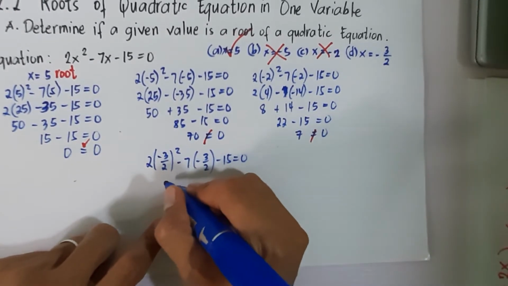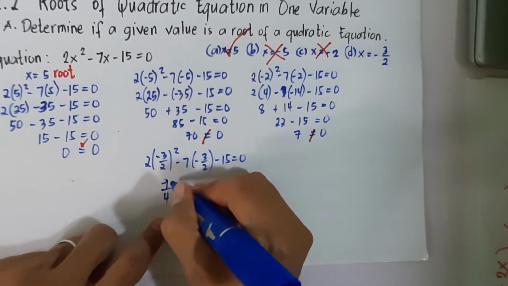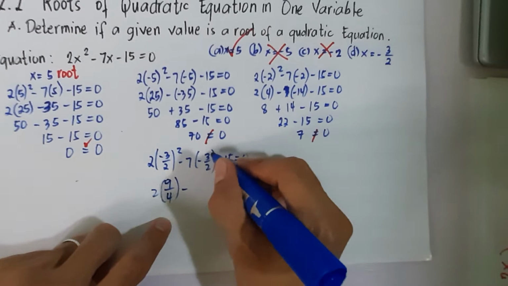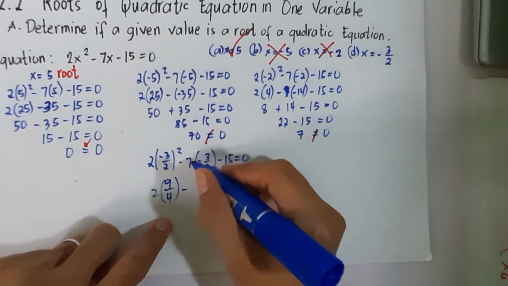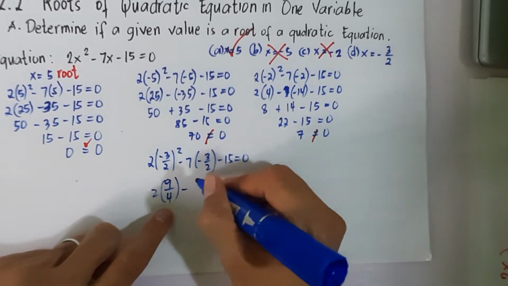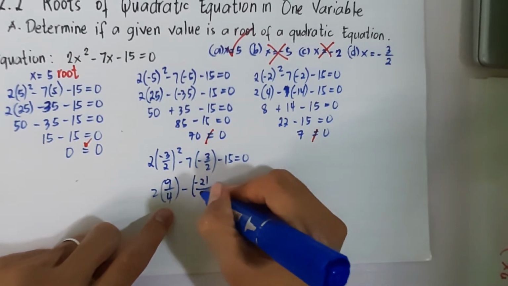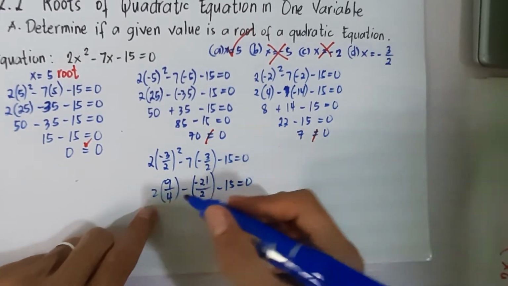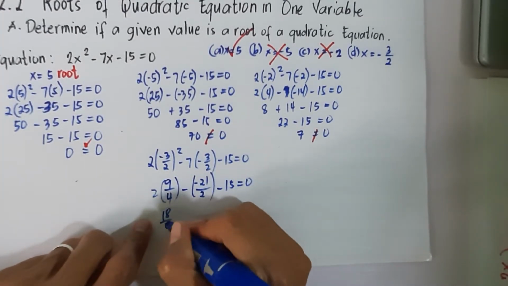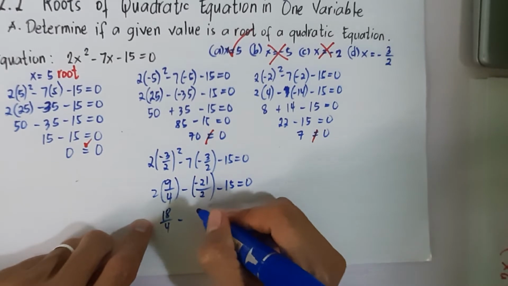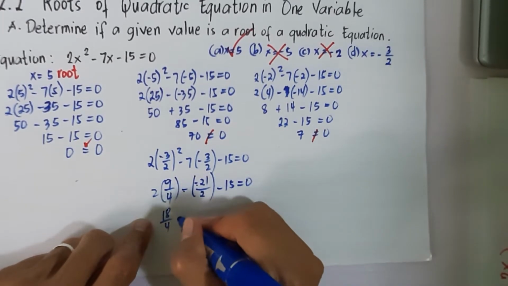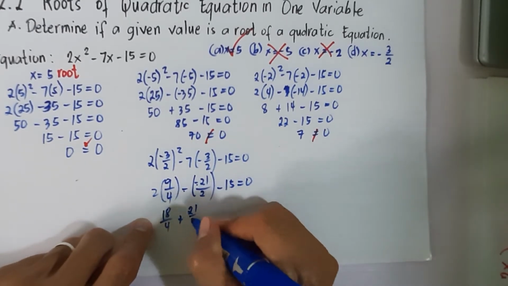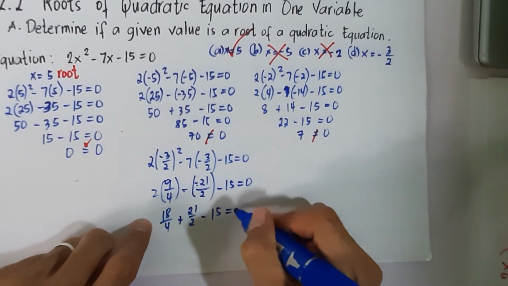So negative 3 halves squared is 9 over 4, times 2, minus 7 times negative 3 halves, that's going to be negative 21 over 2, minus 15 is equal to 0. 2 times 9 is 18 over 4, minus a negative, we can make it positive. Minus times negative is positive. 21 over 2 minus 15 is equal to 0.